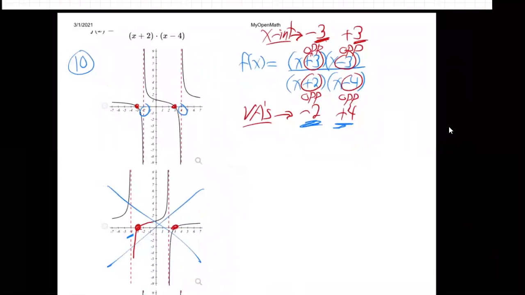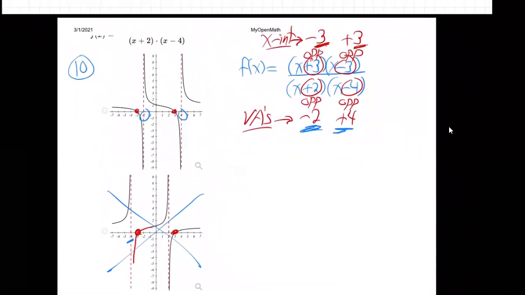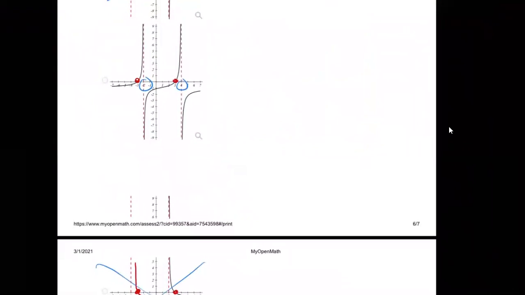And the way we've got to do that is we got to plug in the y-intercept point. It looks like it hits right about +1, over 0, up 1. And the other graph that's still in the running looks like it hits at over 0, down 1.